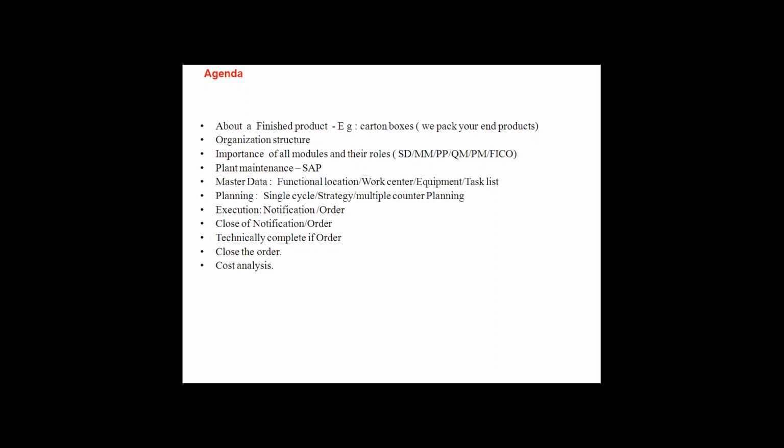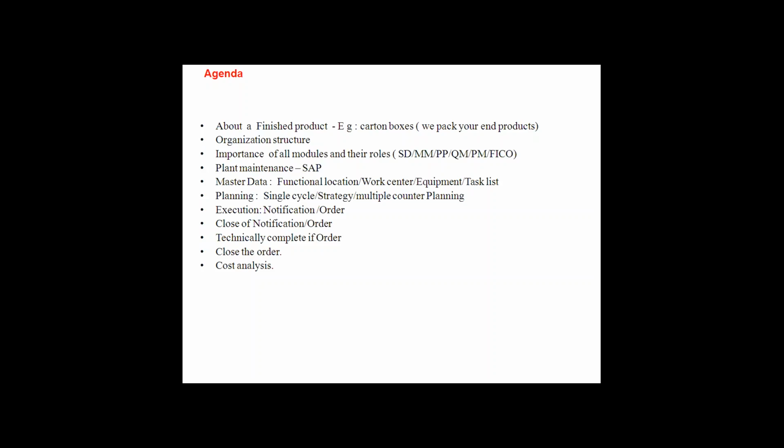And out of that, what is plant maintenance in SAP? Plant maintenance in SAP has master data, that is function location, work center, equipment and task list. Once you create this master data, you will plan single cycle strategy and multiple counter plan depending upon the equipment and the task you need to carry out.